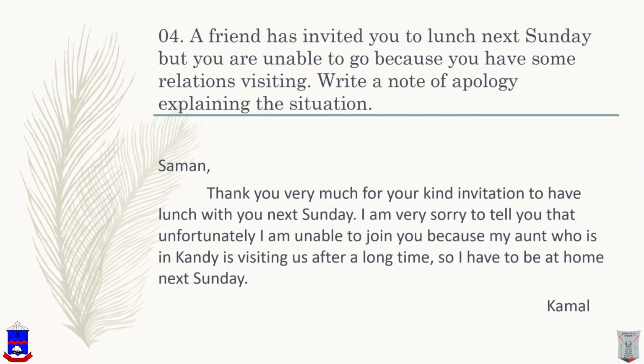So it is a valid reason, and it shows that it is a relation who will be visiting you. So I have to be at home next Sunday. Kamal. So once again, this note gives the relevant information required in the question. It is brief, but it has all the necessary information required in the question.